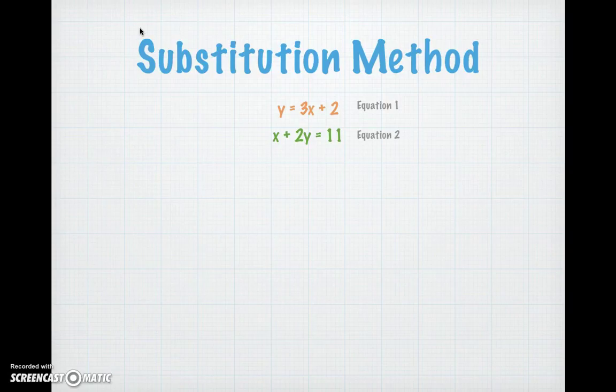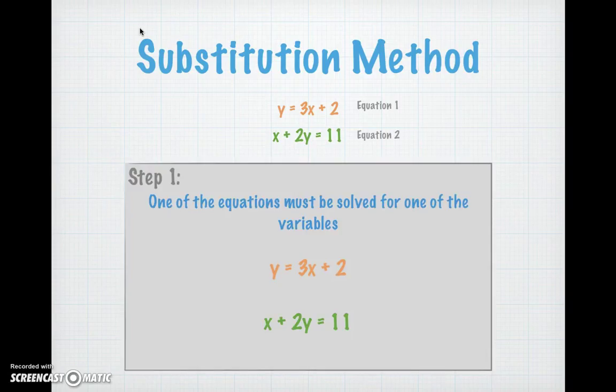Now we have these two equations, y equals 3x plus 2 and x plus 2y equals 11. So the first step is we have to make sure that one of the equations is solved for one of the variables, or in other words, one of the equations is set equal to one of the variables.